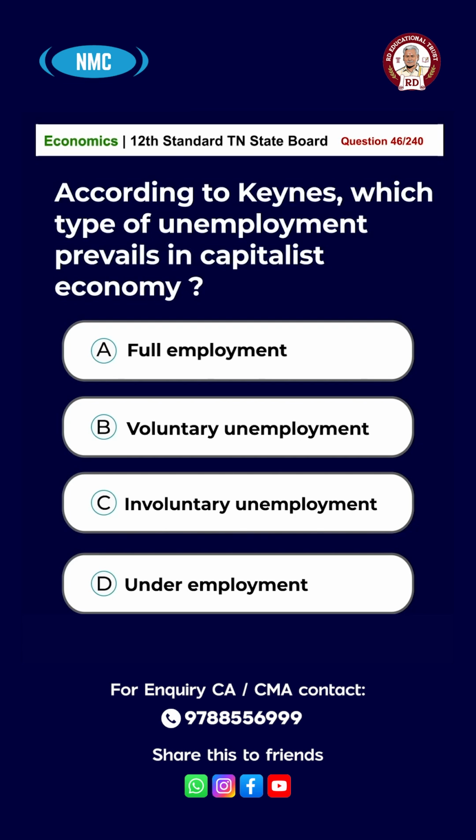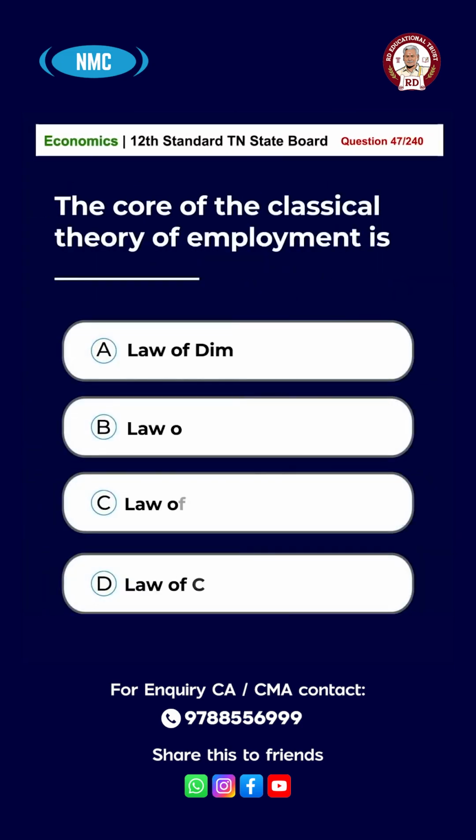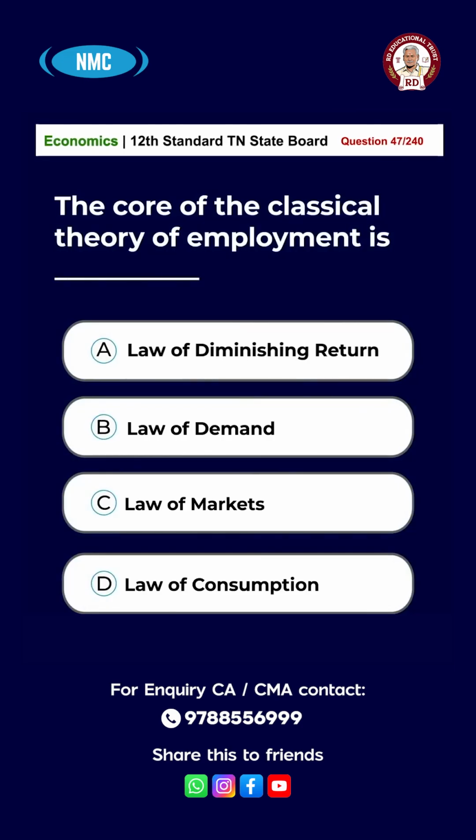A. Full employment, B. Voluntary unemployment, C. Involuntary unemployment, D. Underemployment. The answer is option D. Underemployment. Question number 47. The core of the classical theory of employment is option A. Law of diminishing return, B. Law of demand, C. Law of markets, D. Law of consumption. The answer is option C.